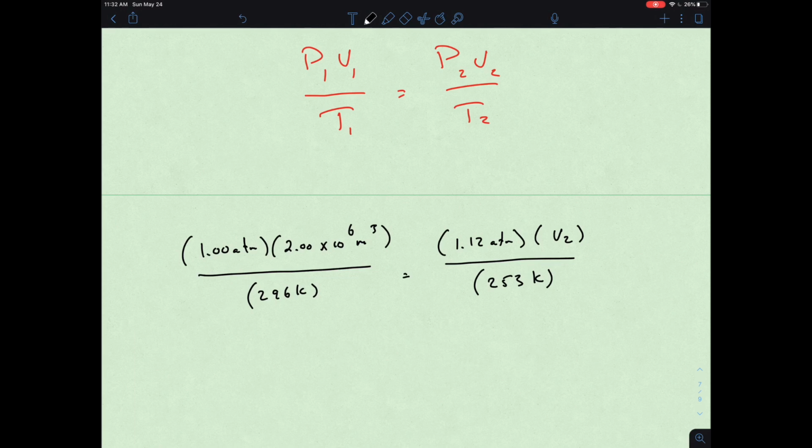So we just need to rearrange that expression to solve for V2. You can do it stepwise, which is fine. You could manipulate it like I'm doing now, and then plug these all in and solve.